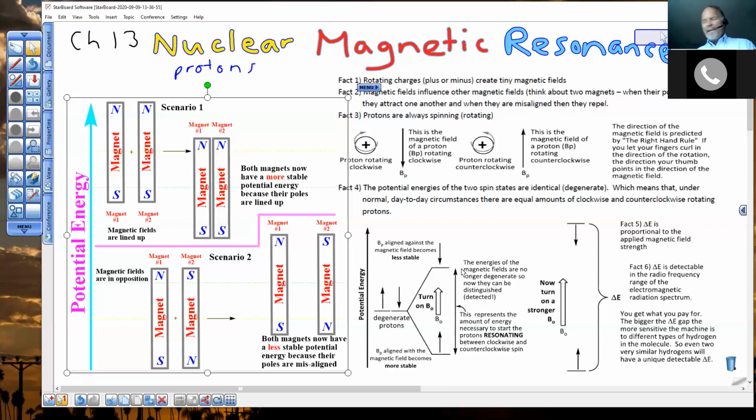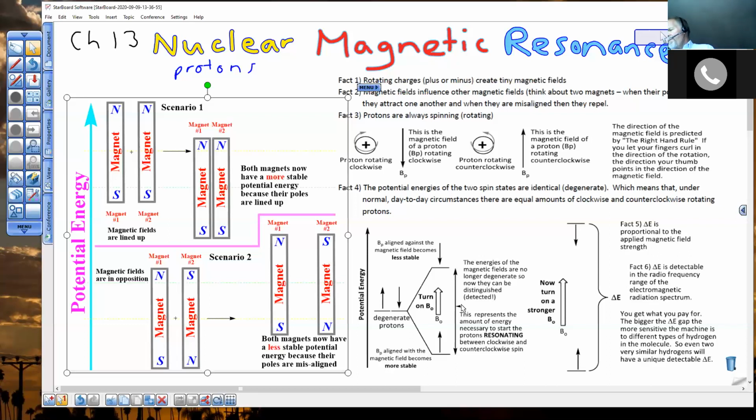So if you spend a little more money and you turn on a bigger electromagnet, all your gaps get bigger, so it's easier to tell the difference between them. We call this resolution. You'll be able to tell the difference between the different spin states more easily.